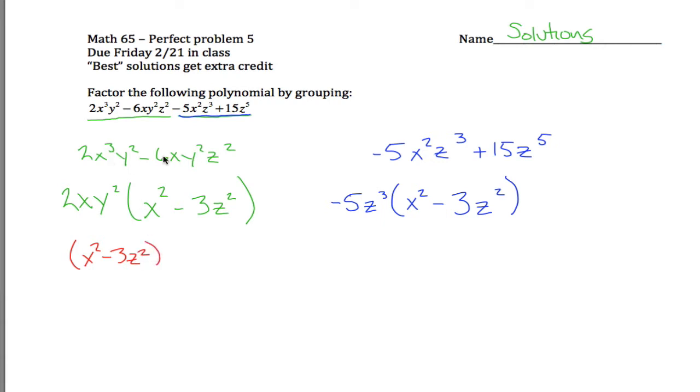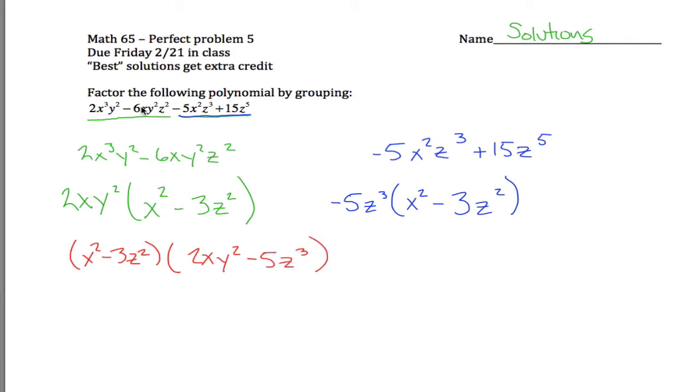Just like I did in this step when I pulled out 2xy squared from both of these terms. Now these are my two terms. One's in green, one's in blue. I'm going to pull out x squared minus 3z squared from both of them. Well, if I pull them out, this isn't there anymore, this isn't there anymore. So all I'm left with is 2xy squared minus 5z cubed.